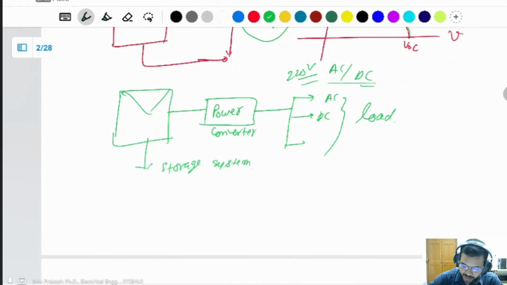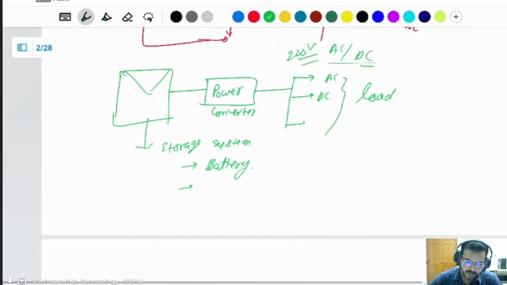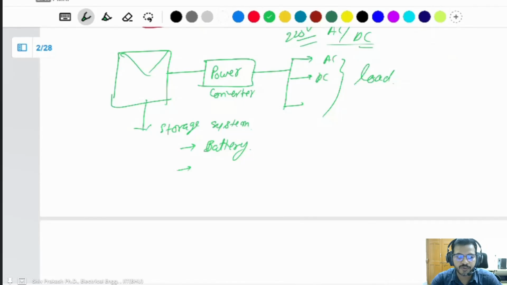Storage system like a battery. In a battery you can store DC voltage directly. The PV source also gives DC voltage. Many types of storage exist, like a hydro system and flywheel storage, but they are bulky for storing energy.